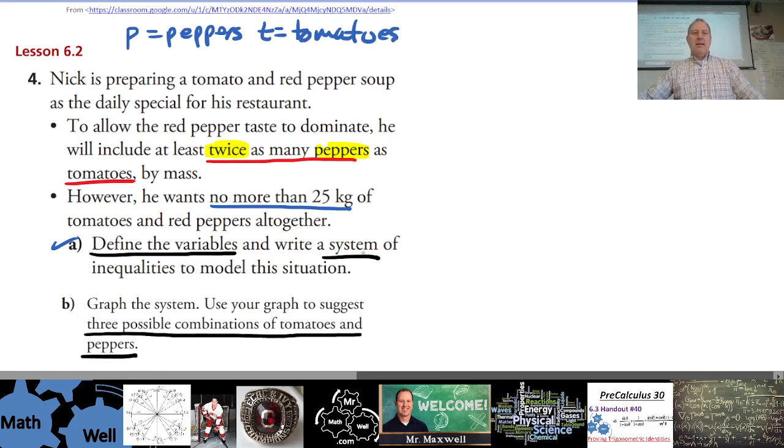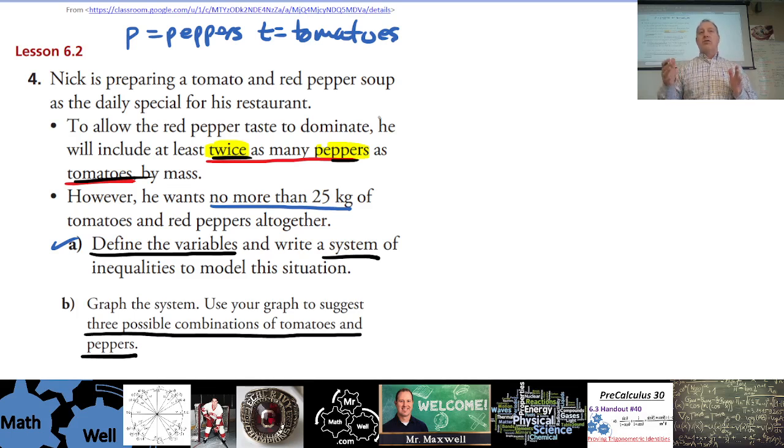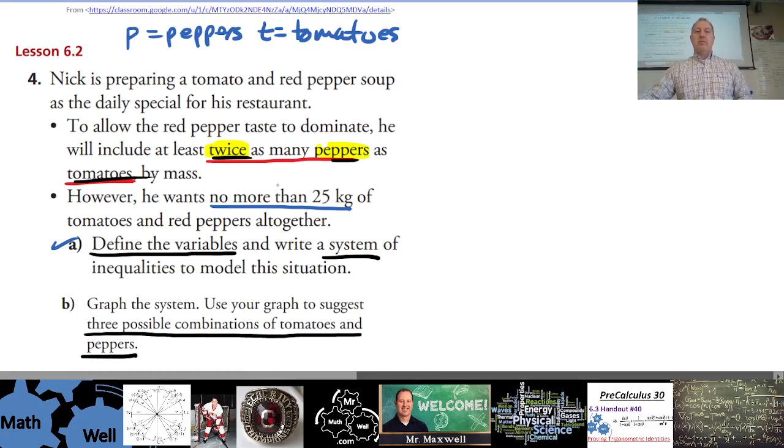And let's now create a system. So remember, twice as many peppers as tomatoes. So that means that the number of peppers has to be at least, so equal to twice the number of tomatoes, to let the peppers dominate. So we are not going to do 2p. Okay, so if we did 2p versus tomatoes, that means that the tomato mass is equal to 2 times the pepper mass, or the pepper mass is half of the tomatoes.